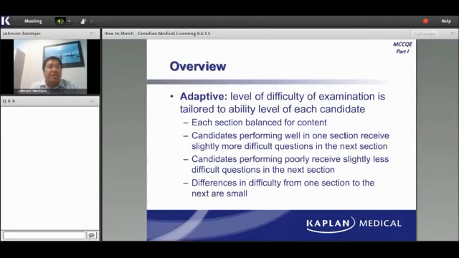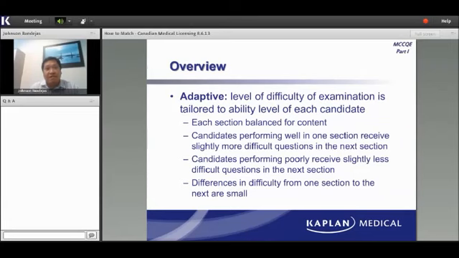Now, the MCCQE Part 1 is a computer-adaptive test. That is, a candidate who performed very well in a given discipline is presented slightly more difficult questions for that discipline in the next section, whereas candidates who score poorly or answer incorrectly within a section in a given discipline are given slightly less difficult questions in the next section.